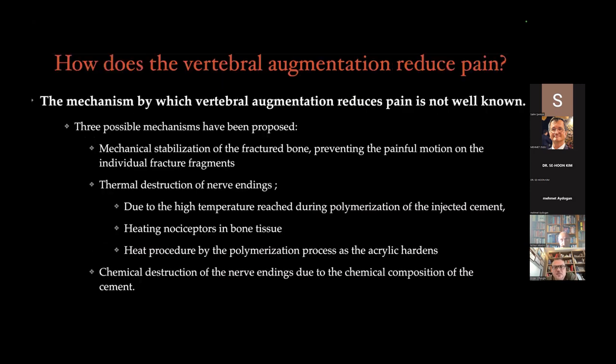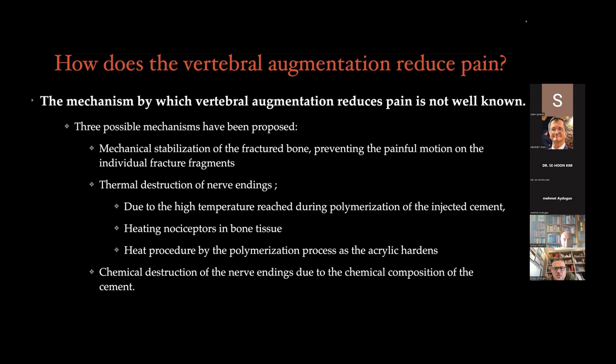How does vertebral augmentation reduce the pain? We don't know exactly the mechanism, but three possible mechanisms have been proposed. First, mechanical stabilization of the fractured bone, preventing motion of the painful individual fracture fragments.